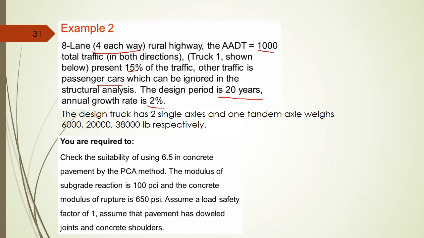The design truck has 2 single axles and 1 tandem axle, weighing 6,000 pounds, 20,000 pounds, and 38,000 pounds respectively. We need to check the suitability of using a 6.5-inch concrete slab.